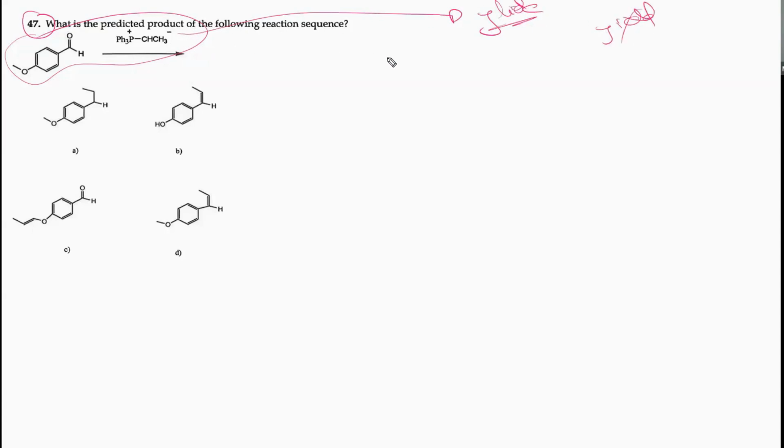And this gives you an alkene. So that carbon here, even though they put a negative charge on the end here, your phosphorus has 3 phenyl groups. It has 2 hydrogens on the carbon.